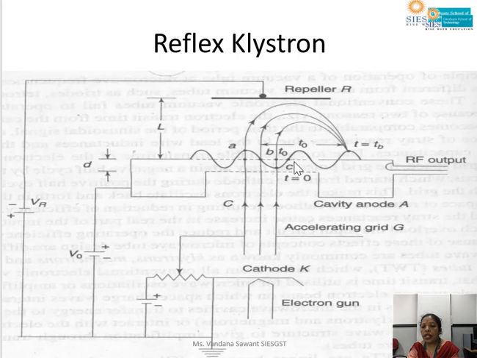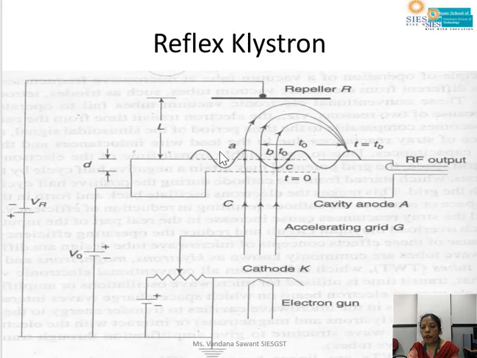As this is a resonating cavity, the frequency of this AC signal will be equal to the resonating frequency of the cavity, and this cavity is resonating at microwave frequency.